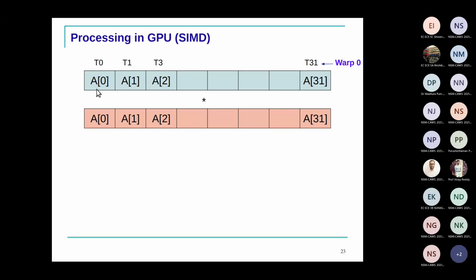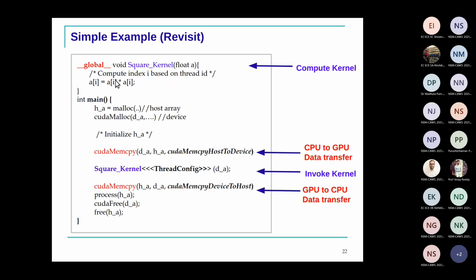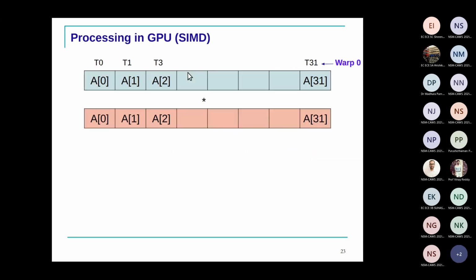Each thread takes one data element because you have written it as A[i] times A[i], where i is based on the thread ID. So T0 processes A0, T1 processes A1, and so on, up to T31 processing A31. The warp needs to execute the same operation, multiplication, but on different data elements.